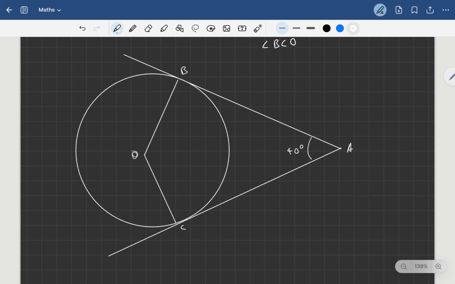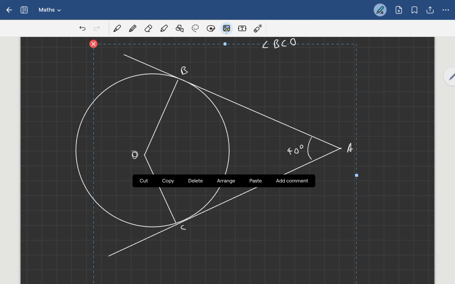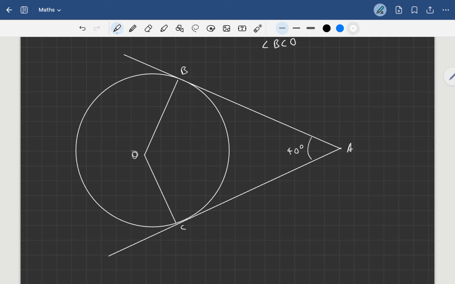BCO. So if I draw a dotted line from B to C, we are trying to find this angle, and we'll just label it as A. Okay? Now, how do we find this angle?